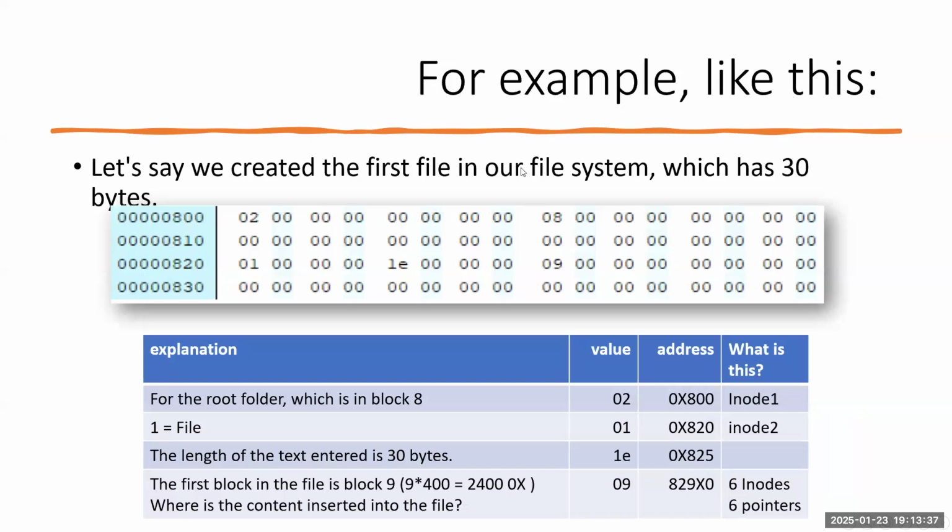Let's say we create our first file, which has 30 bytes, so it's 2 here. And then we have an 8 over here. Which byte is this? This is byte 1, 2, 3, 4, 5, 6, 7, 8.